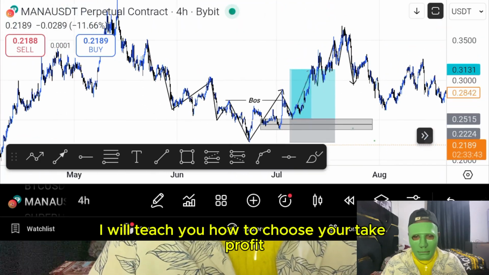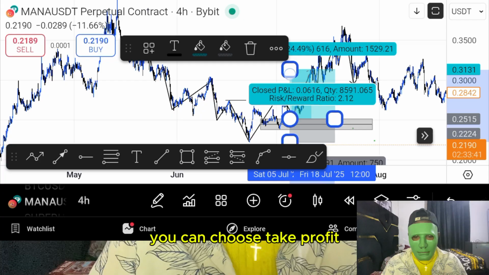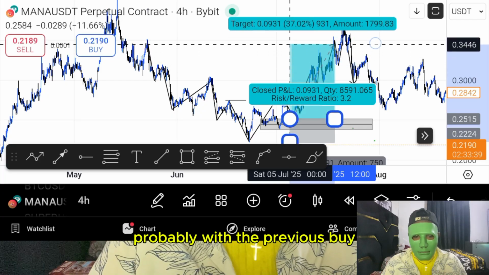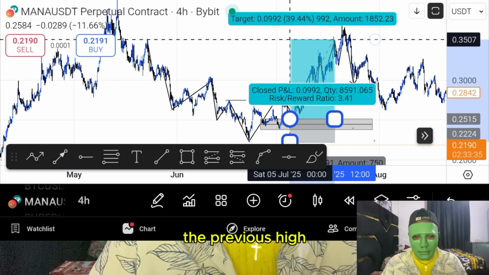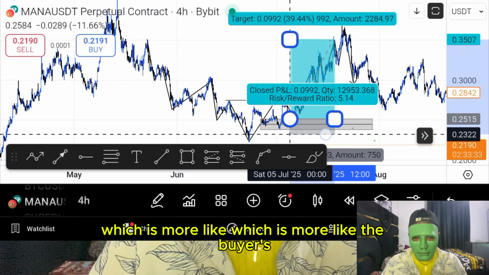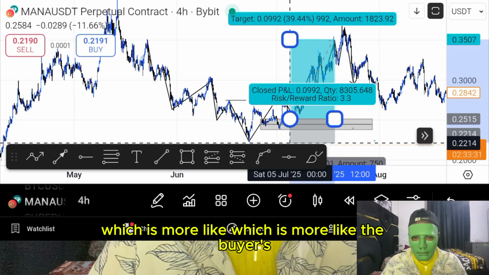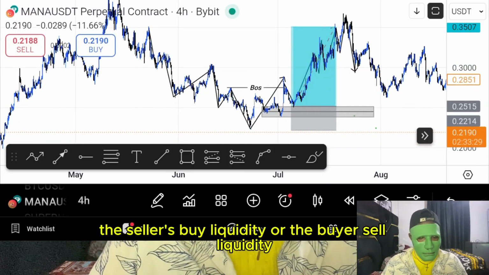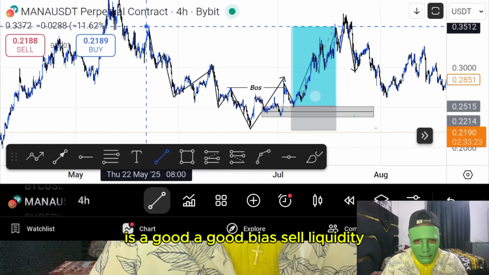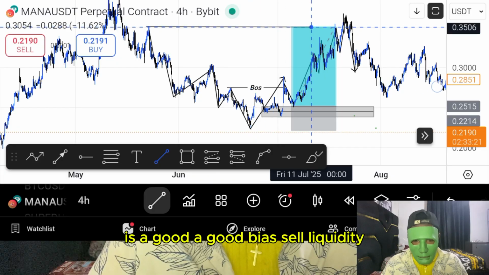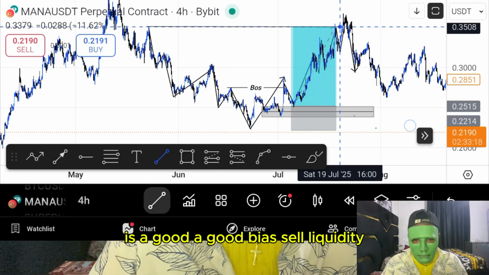I'll teach you how to choose your take profit. You can choose take profit probably at the previous high, which is more like the seller's buy liquidity or the buyer's sell liquidity. This point is a good buyer's sell liquidity.